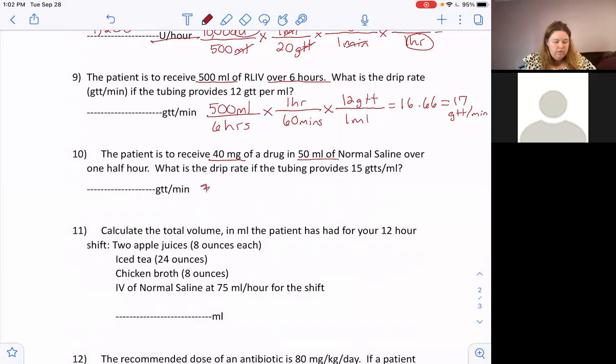So we have 50 milliliters over 30 minutes. And then our drip rate is 15 drops per milliliter. And we want to end up with drops per minute. So our milliliters cancel out and we're left with drops per minute. So 50 times 15 divided by 30 equals 25 drops per minute.